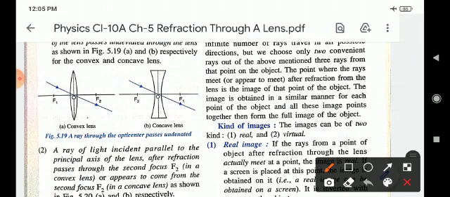A ray of light incident at the optical center O of the lens passes undeviated through the lens. Children, this is the principal axis, this is the lens, right?